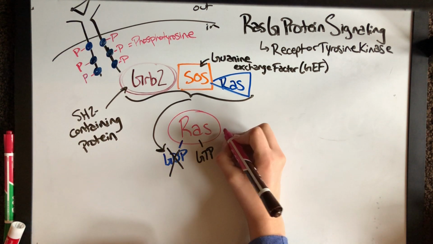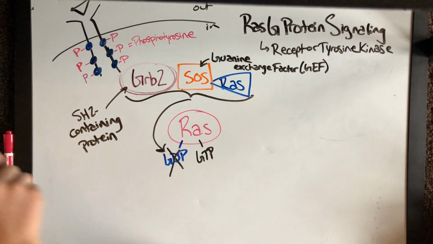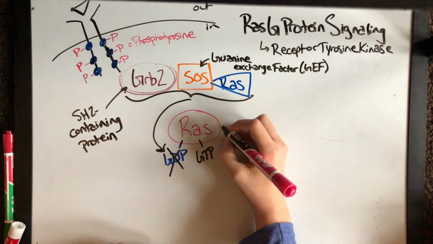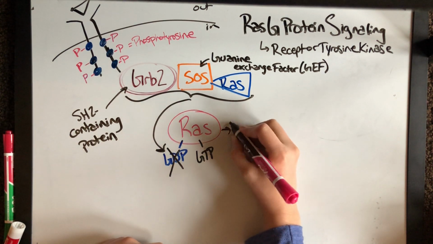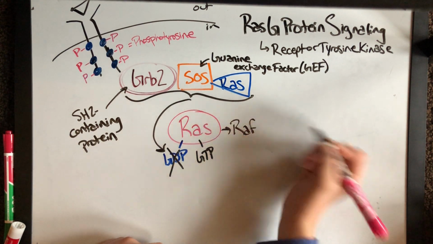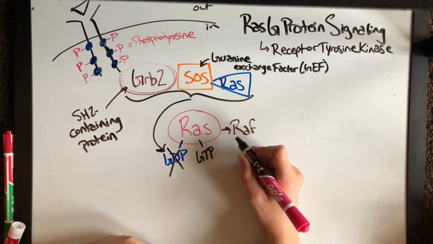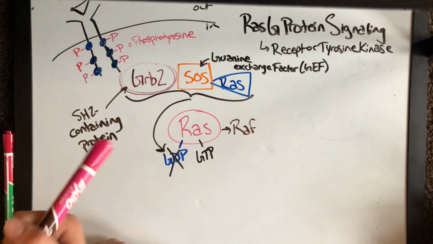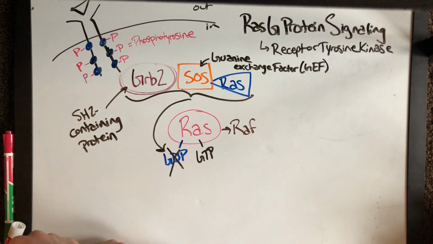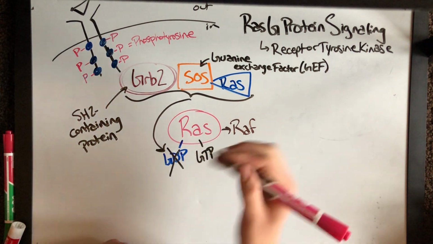Okay, so when we activate RAS, RAS can go and activate the next one. The next guy that gets activated is going to be RAF. RAF is also known as mitogen activated protein kinase kinase kinase, MAPKKK.